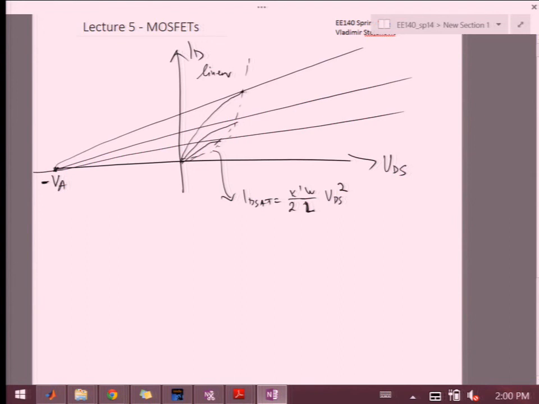And then instead of flattening out or going down, which is for linear, now we're in saturation, they're going to start following these lines.